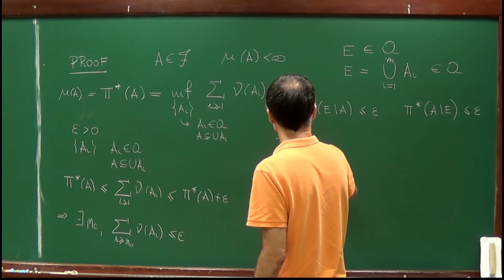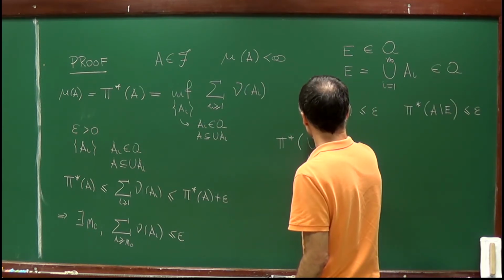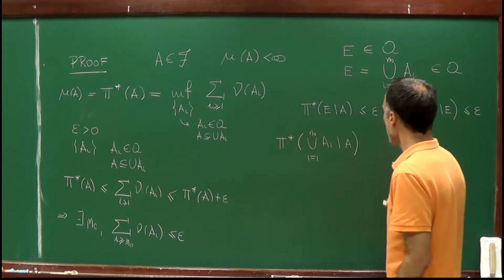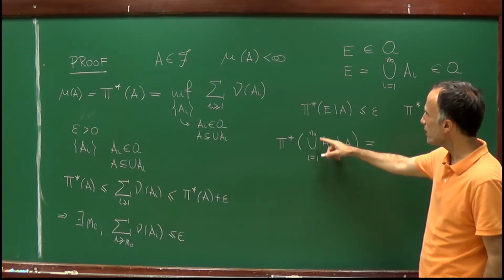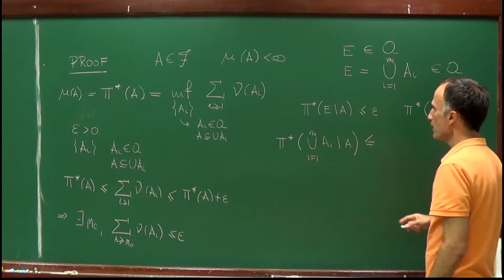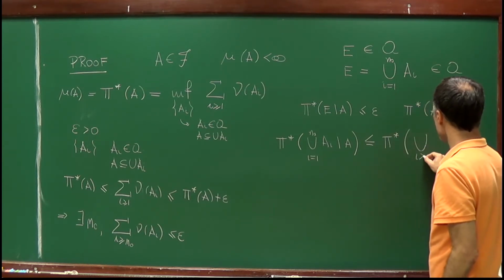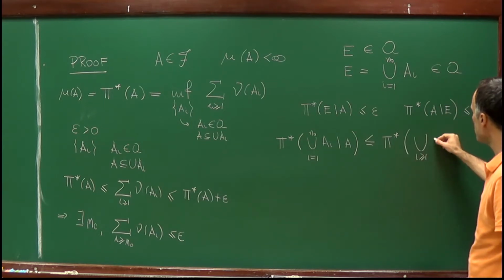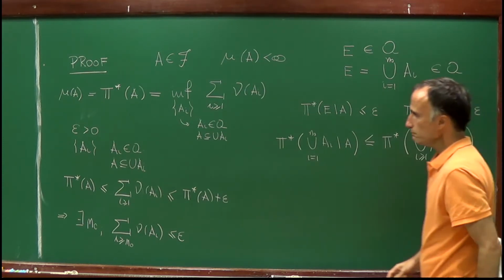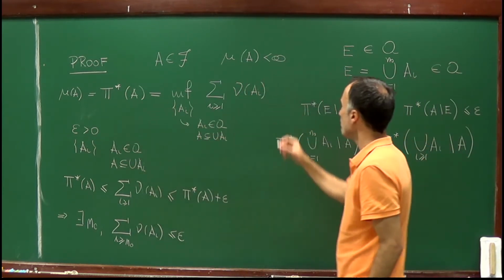So P star of E minus A. E is the union from 1 to n0 of AI, minus A. Well, this is certainly contained in the union from I greater or equal to 1 of AI, and therefore by monotonicity of the measure, this is smaller or equal than P star of the union from 1 to infinity of AI minus A. Now A is contained in the union, and P star of A is finite by assumption.